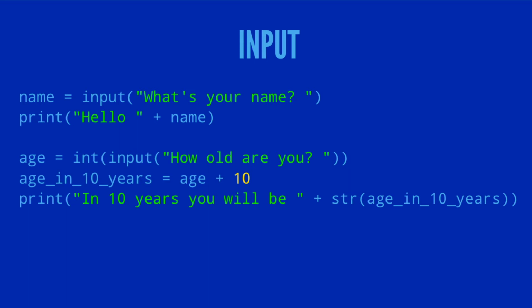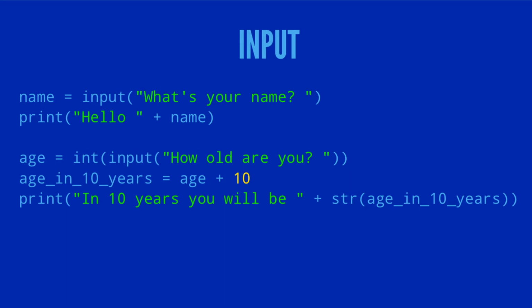But then because we are getting an age and we want to do some maths with it, we want to add 10 to it, we have to change it to an integer when we receive the input in order to do the maths. So as you can see, we've got the age variable equals int input, how old are you? That will change it into an integer. In the second variable, age in 10 years, we do age plus 10.